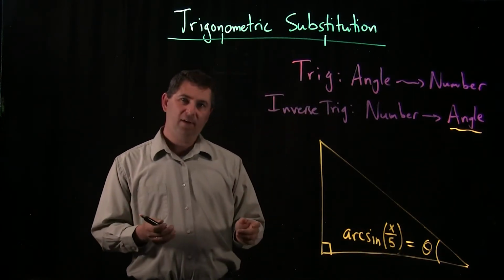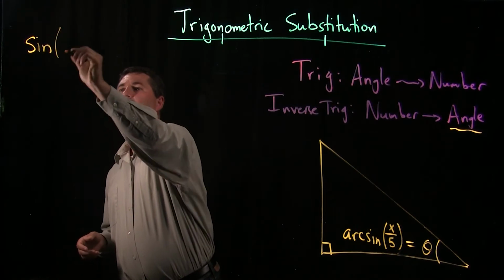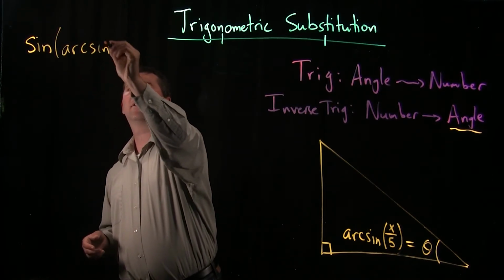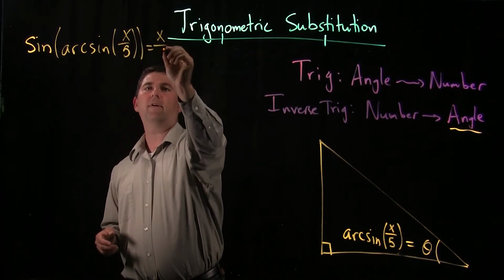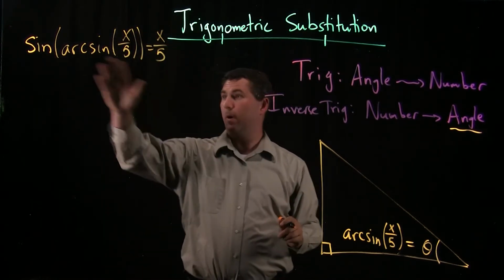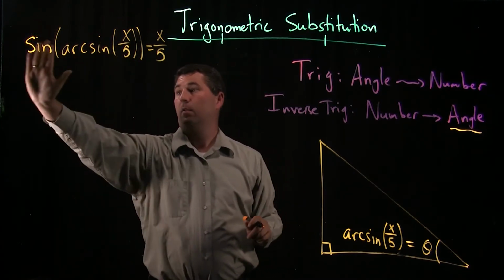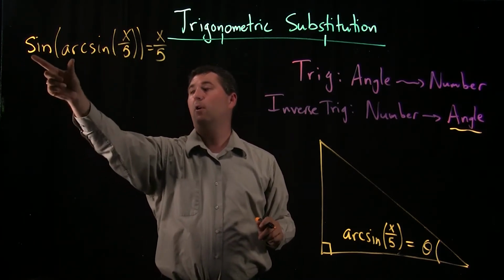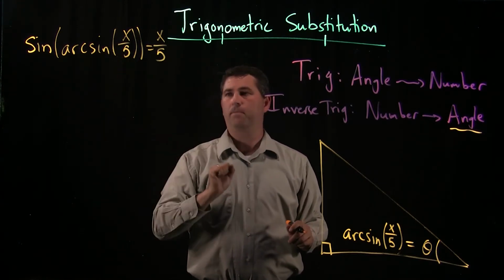In this case, we know that the sine of the arc sine of x over 5 will equal x over 5. I'll always start by writing down whatever arc function I've been given. I can just put the inverse function to the left, and I know that they're going to cancel each other out. I'll just get whatever the number was.